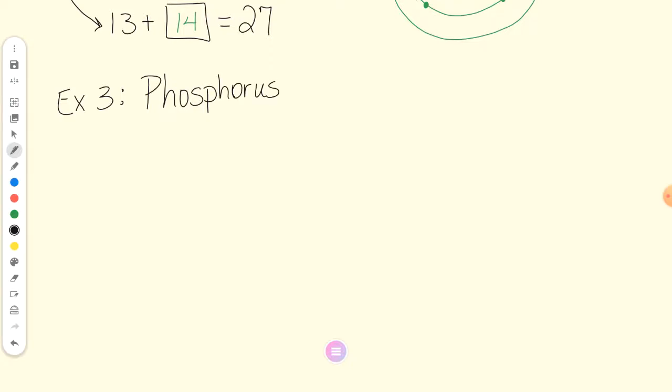What number is it? 15? Okay. Wyatt, what else do I have to write down here? What else am I going to need to be able to draw the picture? Our protons and neutrons, and what else? Electrons.